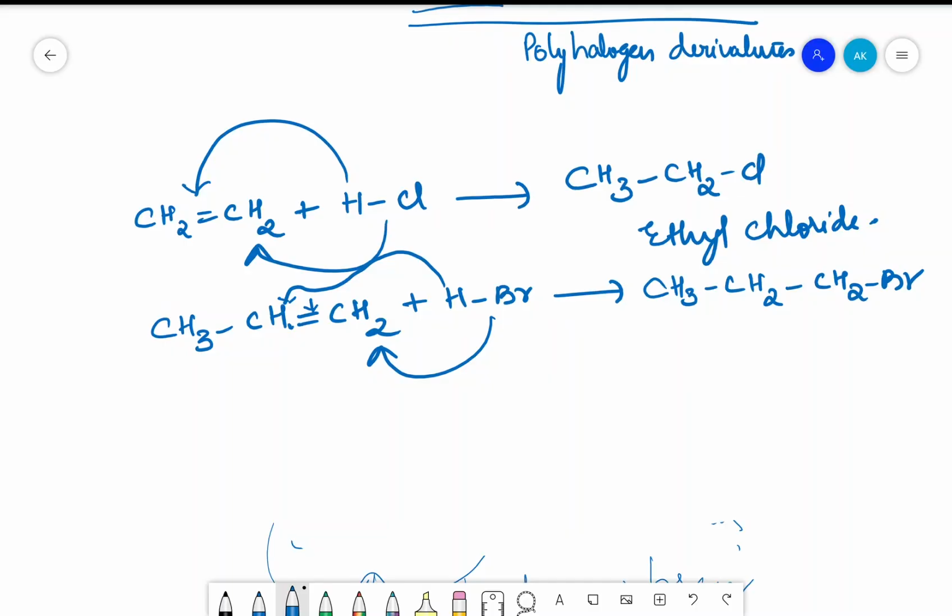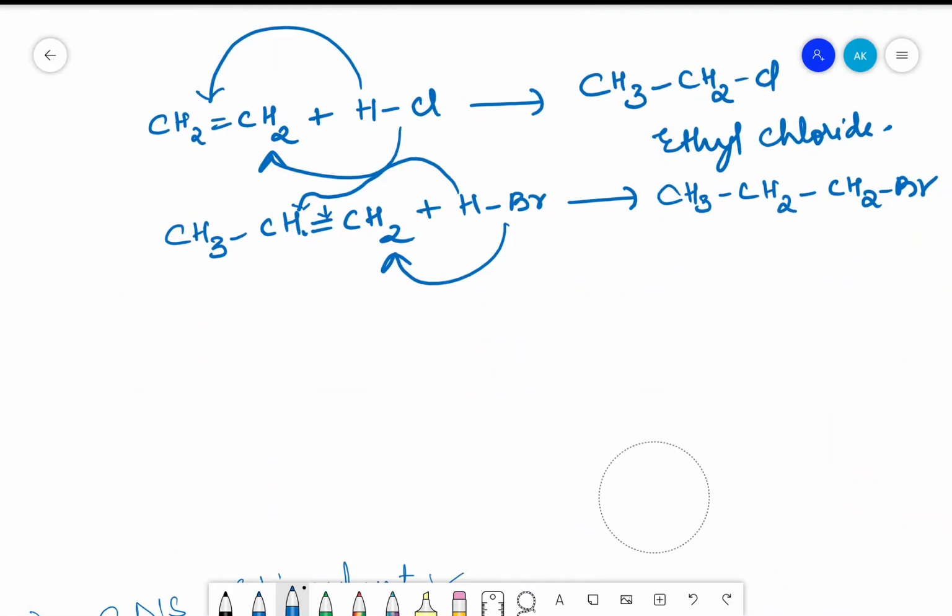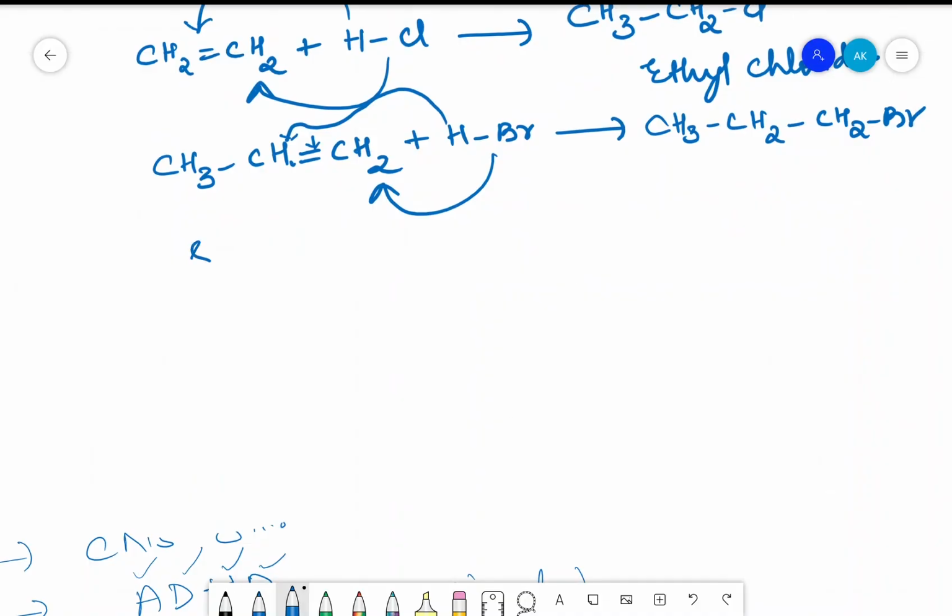In the chemical properties, the types of reactions which alkyl halides undergo are substitution, elimination and reduction reactions, but the reaction which they predominantly undergo is substitution reaction.